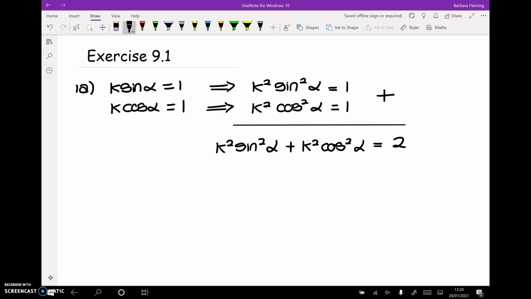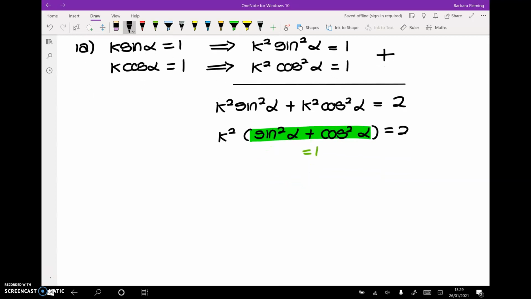On the left hand side of the equal sign you've added those two terms, and on the right hand side you've added those two terms. Now, for the highest common factor, we've got a k squared that we can take out. And then you've got sine squared alpha plus cos squared alpha equals 2. Recognizing from your Nat 5 trig identities that sine squared alpha plus cos squared alpha equals 1, you've got k squared times 1, or just k squared, since anything times 1 is itself, equals 2.